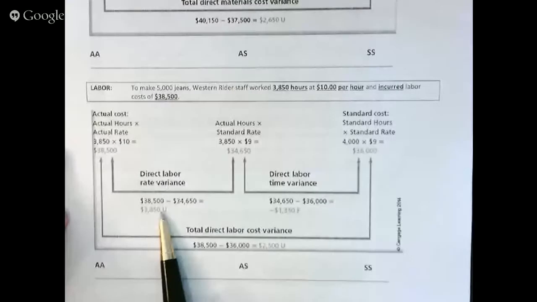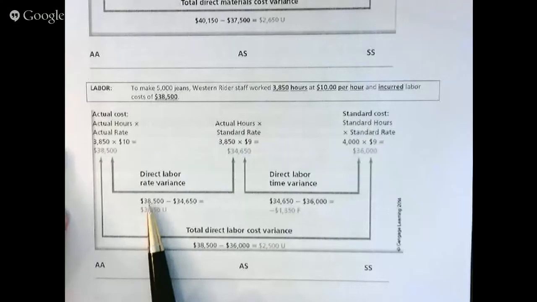And when we combine the fewer hours with the higher rate that the highly skilled workers were paid, we end up with a $2,500 unfavorable variance. What's the conclusion? Well, even though we had higher skilled individuals and they did save some time, the amount that we had to pay them in additional wages did not offset the efficiencies that they brought about by working fewer hours.